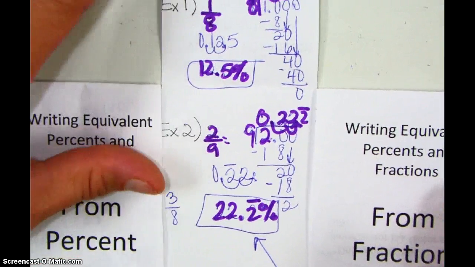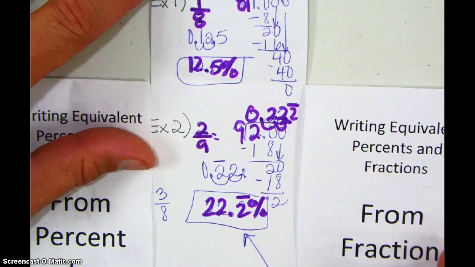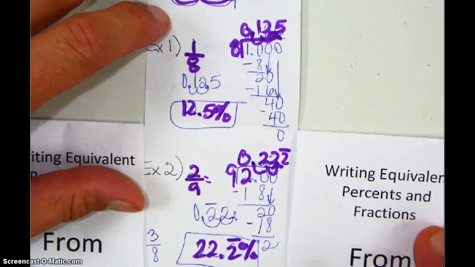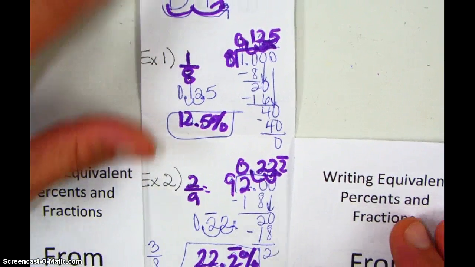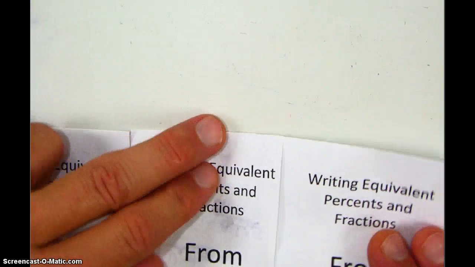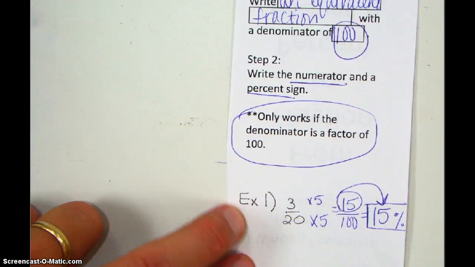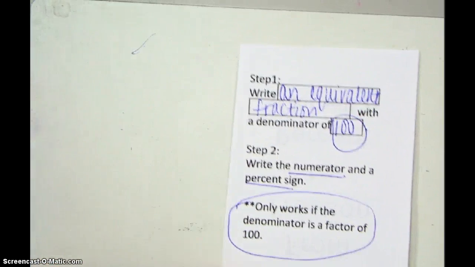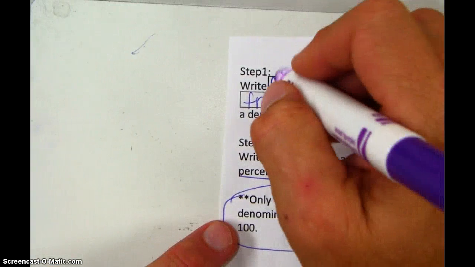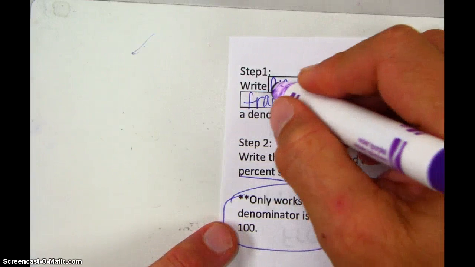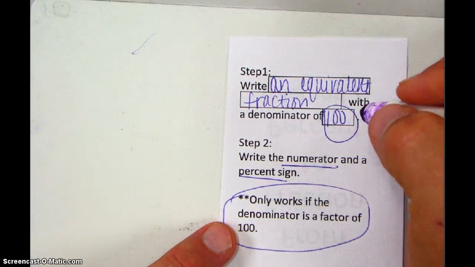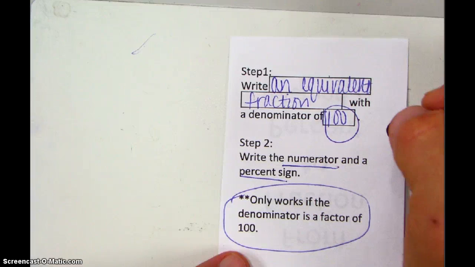All right. Okay. Now there's another way to do this, and this is the same thing as when we talk about moving a fraction to a decimal, because there's more than one way to change a fraction to a decimal. Cowboy and the horse always works, but in this case, sometimes you can make an equivalent fraction with a denominator of 100.